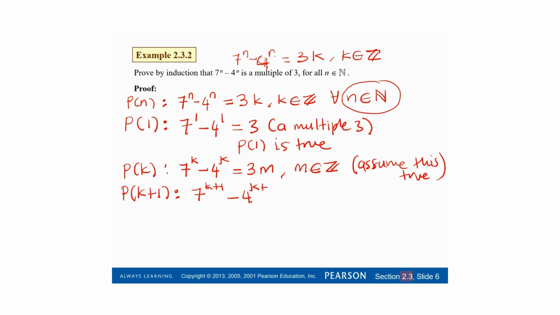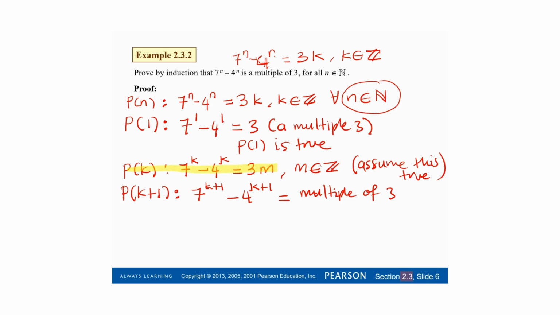This also will be a multiple of 3. So we want to check that one. Is the statement Pk plus 1 also equal to a multiple of 3, which means it will be equal to 3 multiplied by some integer? So how to do that one? We are going to apply our assumption step just now, which is the step in Pk.